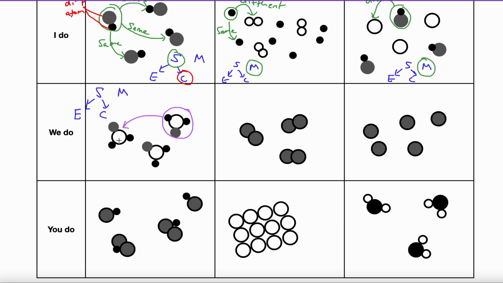Both have a big empty circle in the center. I see two small black circles attached to it, two small black, and then one big gray. So they are the same composition and structure. And then I compare the one I circled to the other particle. Once again, big empty circle in the center, two small black circles, and then one big gray. So they are also the same type.